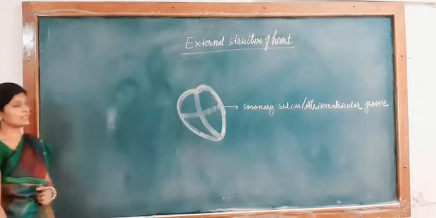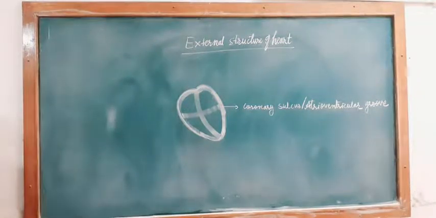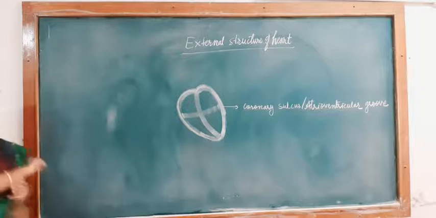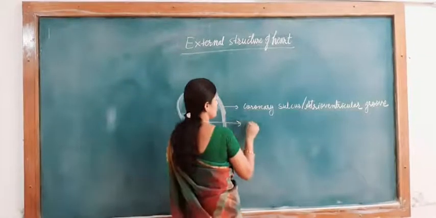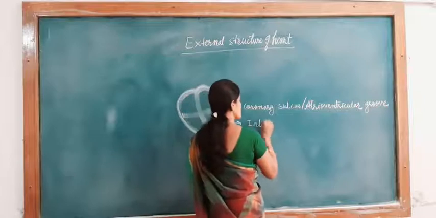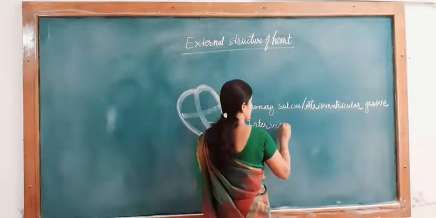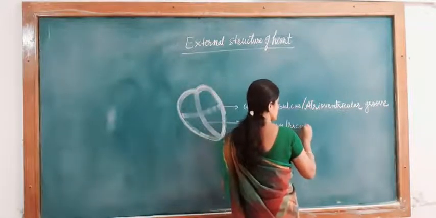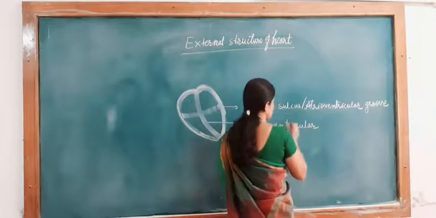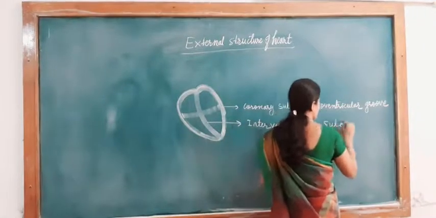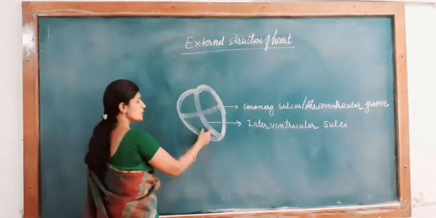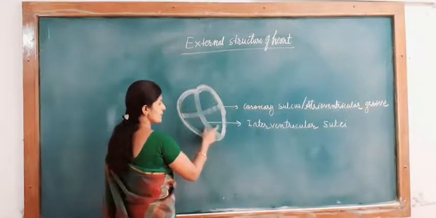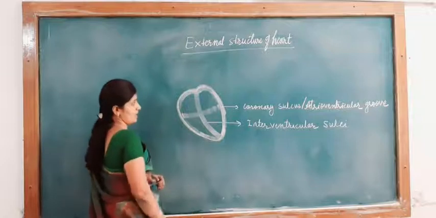These two ventricles are divided by the interventricular sulci. The sulci is there, that is why it has been divided into these two chambers.